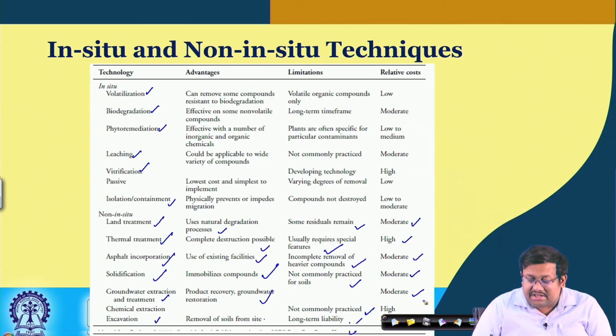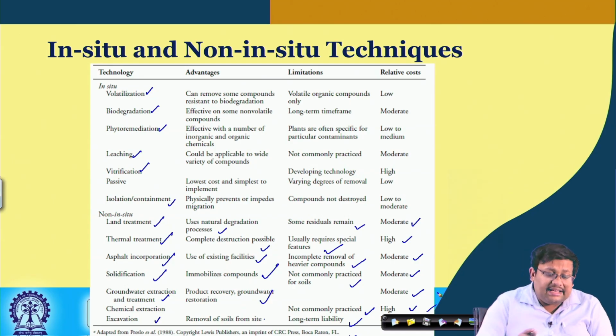Chemical extraction and excavation has high cost involvement. In case of the passive decontamination process, the limitation is that the compounds are not destroyed, because it is only the containment process, and the only advantage is that it physically prevents or impedes the migration. The relative cost is low to moderate.